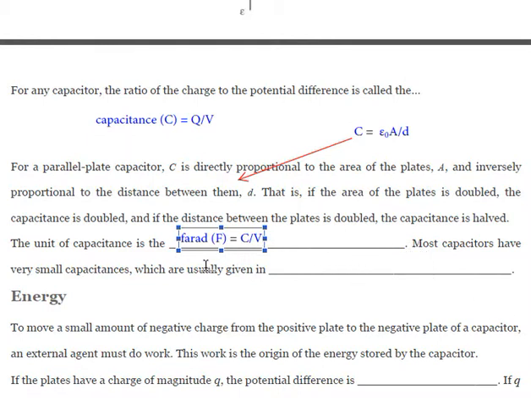In real life, most capacitors have really small capacitances, and you'll usually see them measured in microfarads. And remember, the prefix micro just means 10 to the minus 6. So a lot more likely you'll see microfarads rather than farads.